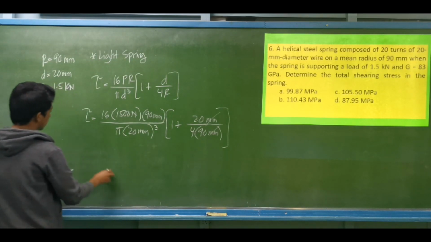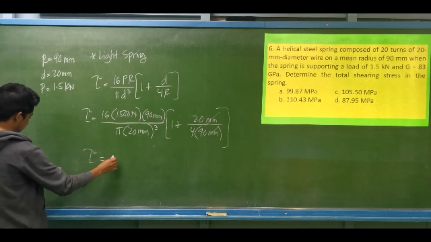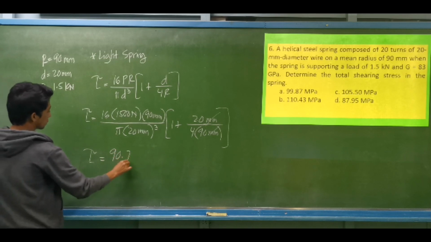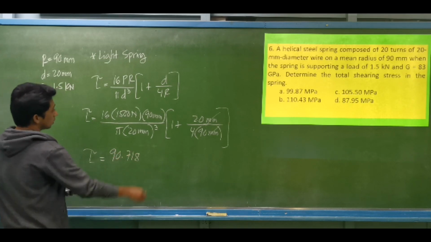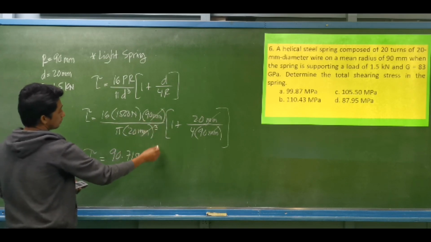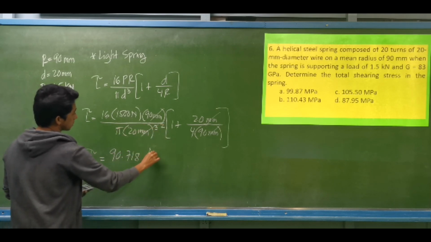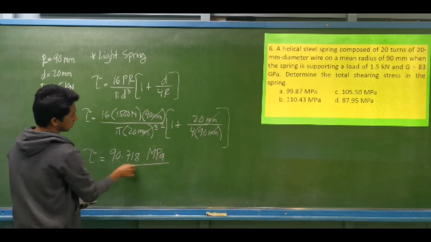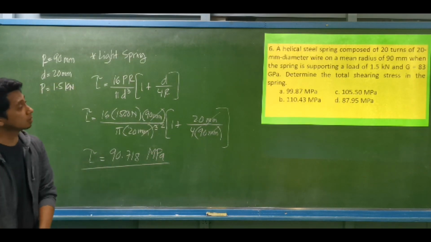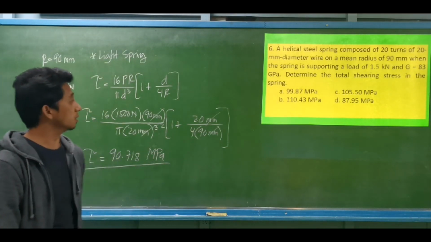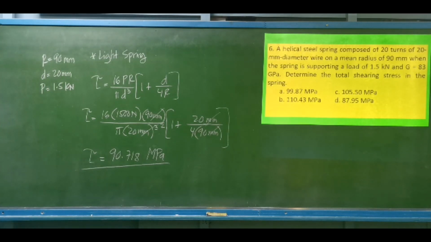So the shearing stress is equal to 90.718. Cancelling mm, this is newton per mm squared, which is the megapascal. So do we have this one? As you can see, we don't have that value in our choices.